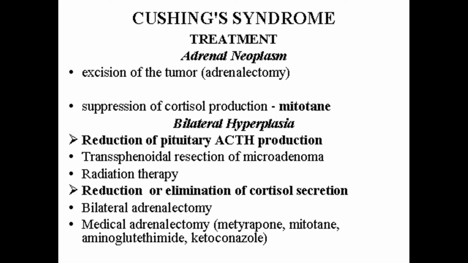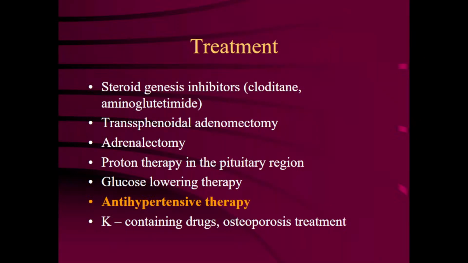Bilateral hyperplasia can be treated in some cases, and if the tumor is located in the anterior pituitary, if there is Cushing's disease, this surgery should be neurosurgery, and access is transnasal, transsphenoidal, and the name of surgery is adenomectomy. How to treat arterial hypertension in this case?